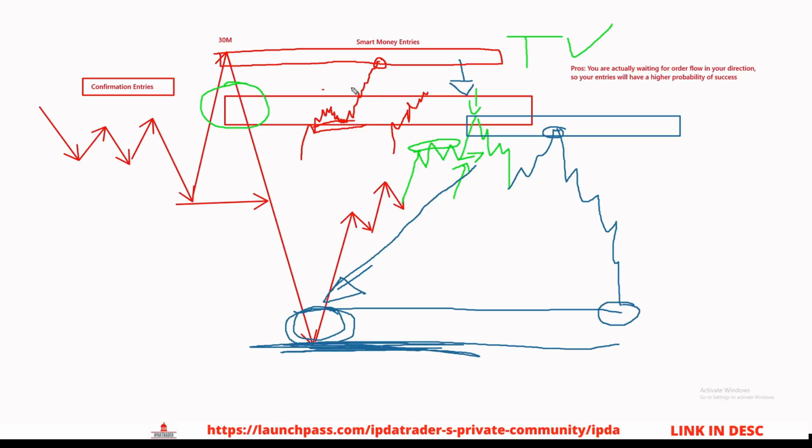You saved yourself from a losing trade by just waiting for some sort of confirmation, right? You decided that you want to see order flow shift in your direction, and if that doesn't happen, you don't trade and you wait for your next area.